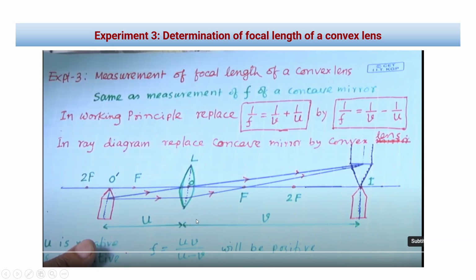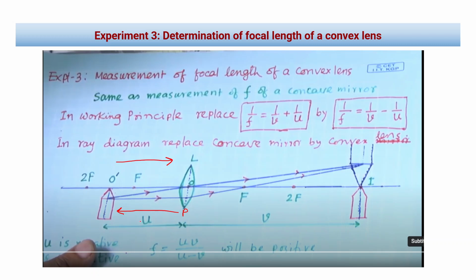And the sign convention here will be, as you see, let me tell you: the incident light is going in this direction, and if I take the object distance from the pole of the lens, then I'll have to measure it on the opposite side.